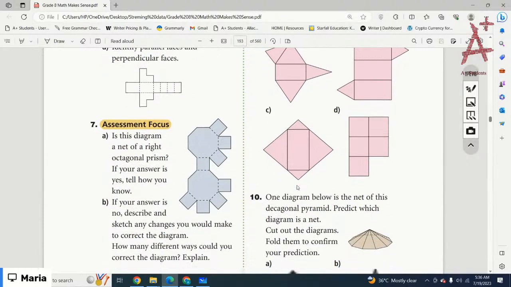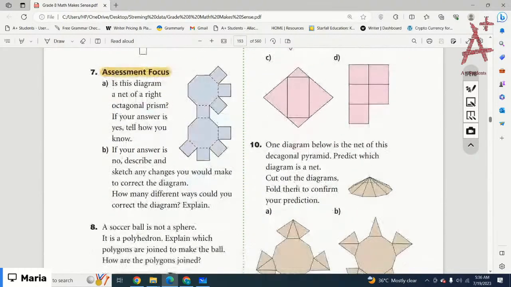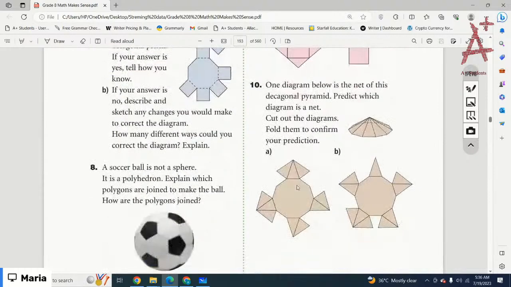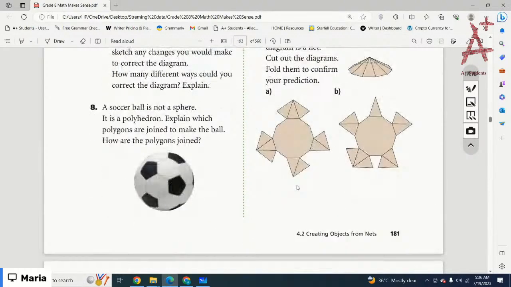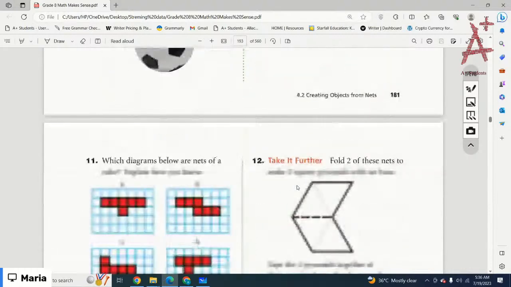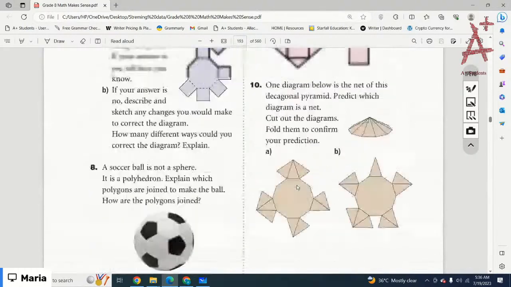One diagram below is the net of the decagonal pyramid. Predict which diagram is a net. Cut out the diagrams and fold them to check. Hmm, decagonal.